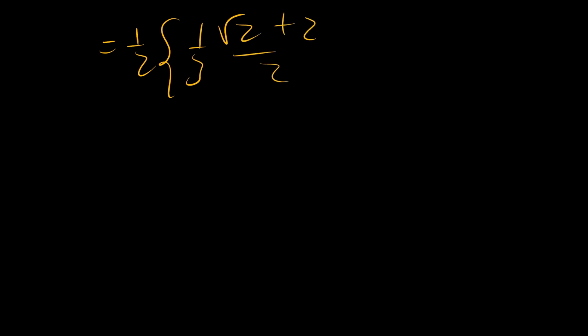So we have a half, a third, root 2 plus 2 over 2 plus root 2 minus 2 over 2.